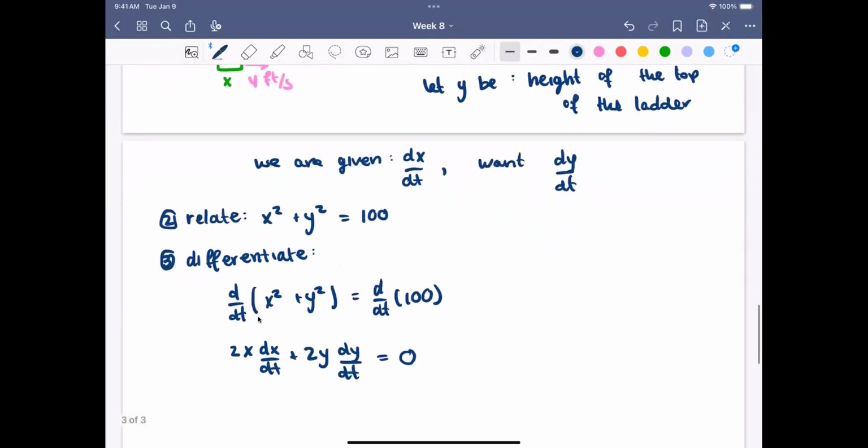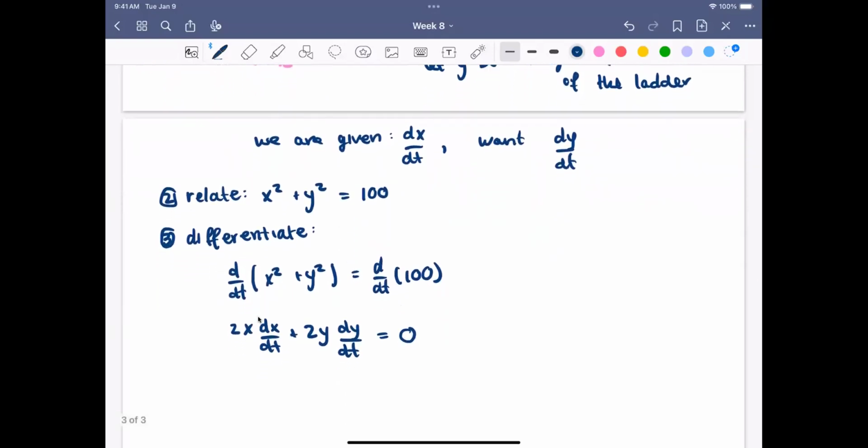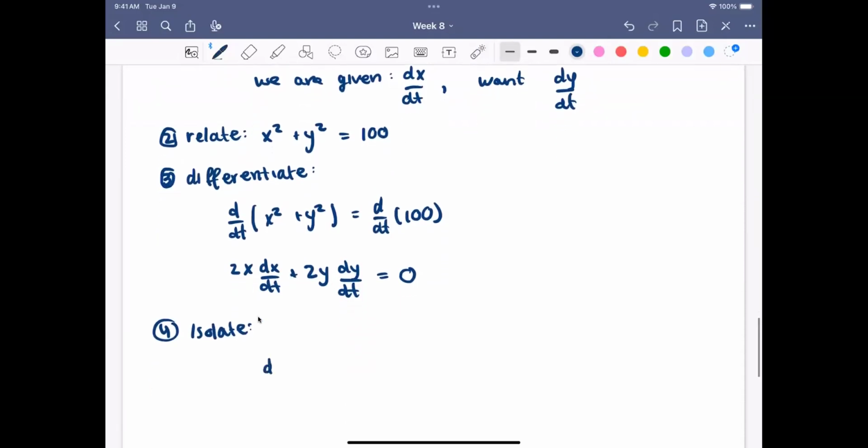Okay, so we want dy/dt. So I'll just isolate dy/dt in this equation. So we get dy/dt is equal to minus 2x dx/dt, just moving that to the other side of the equation and then dividing by 2y.